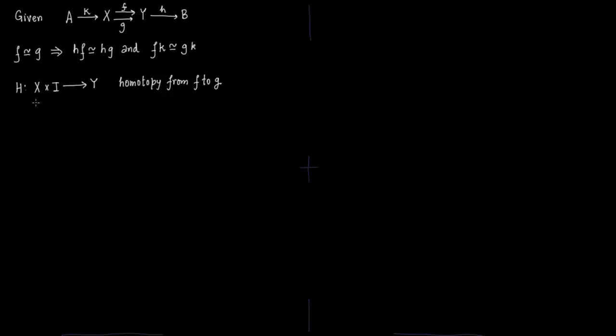Then we have a new homotopy, which is small h composed with this capital H. So the new homotopy is: you first apply capital H and then small h, and this homotopy makes HF homotopic to HG.